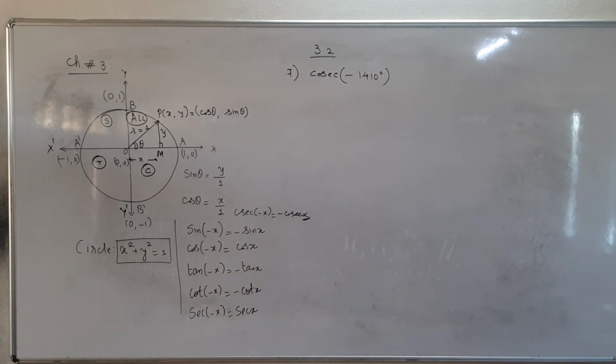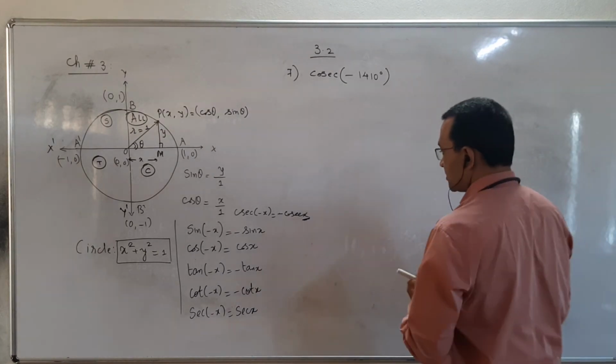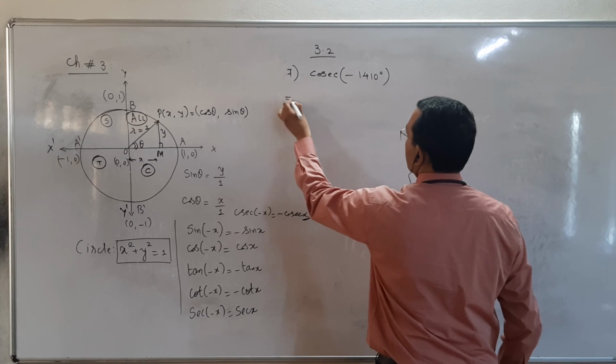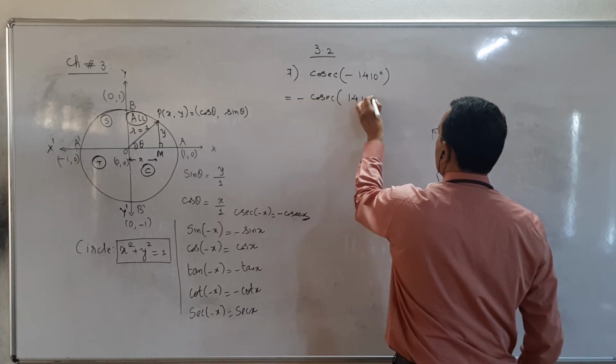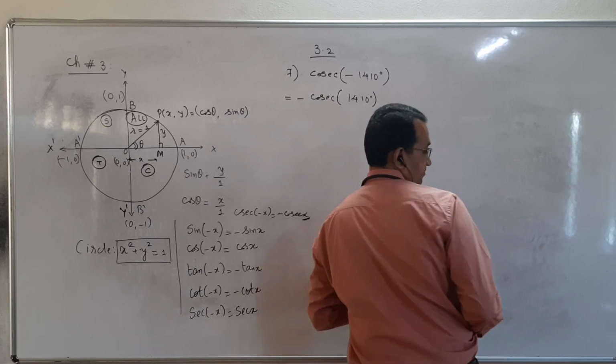Now, students, pay attention. This value-based problem deserves a lot of attention. First step, cosec of minus x is written as minus cosec x. So write this as minus of cosec 1410 degree.